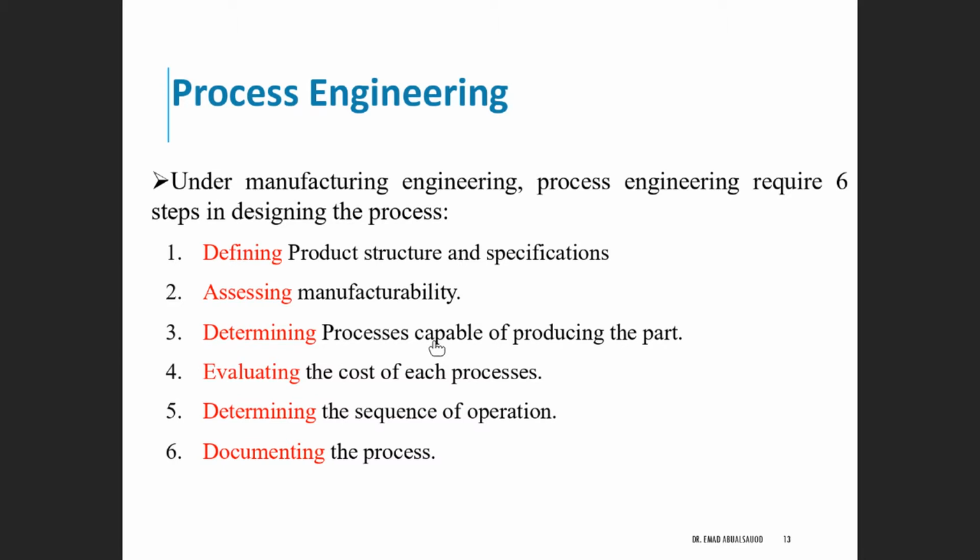Also, we talked about computer-aided design and computer-aided manufacturing, and some software examples for computer-aided design. We talked also about robotics and different types and configurations for robotics, as well as automation and computer integrated manufacturing.